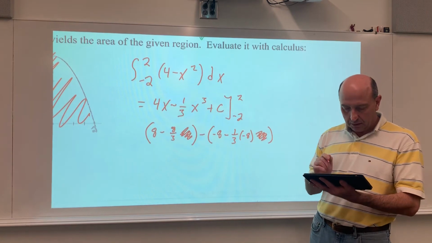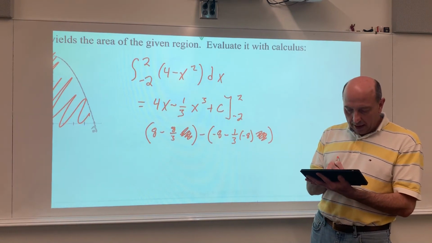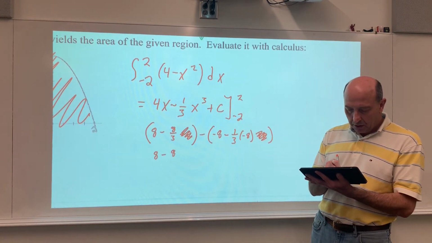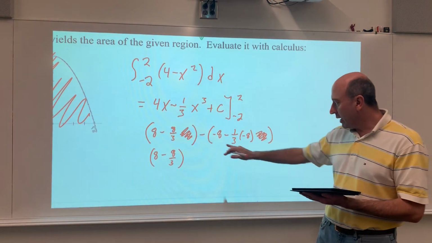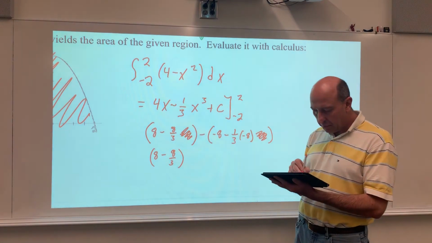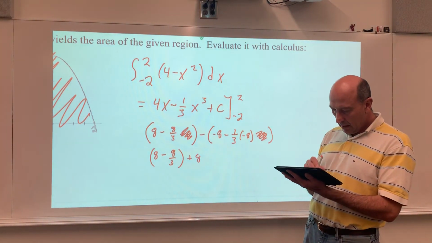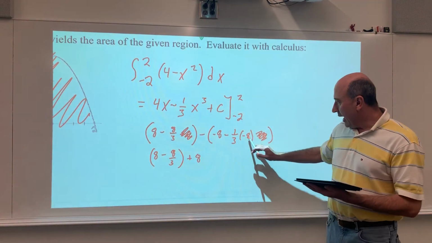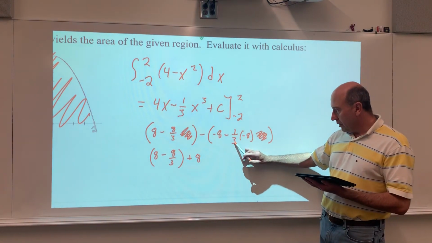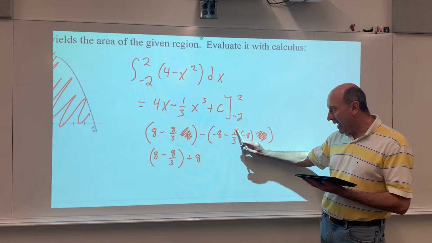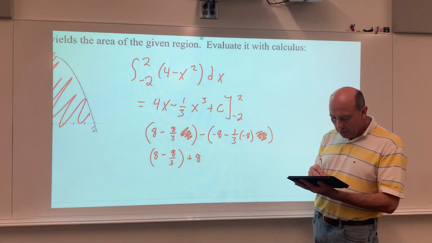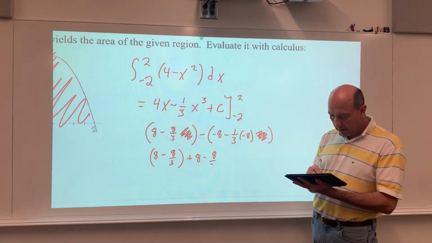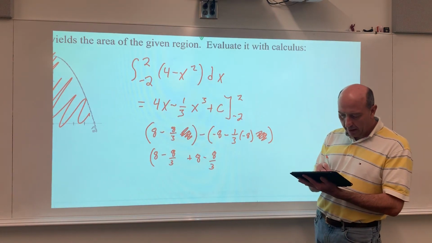They always cancel. Okay, so now we have 8 minus 8/3. Now be careful of your negatives. You have minus a -8, that's plus 8. And then you have -8 times -1/3. That would be positive 8/3, but then you'd be subtracting that, so it'd be -8/3. These negatives are a nightmare.